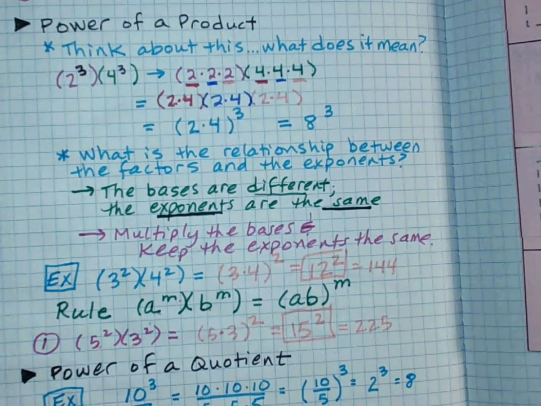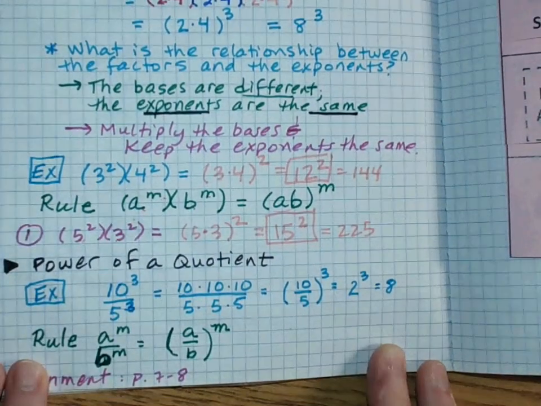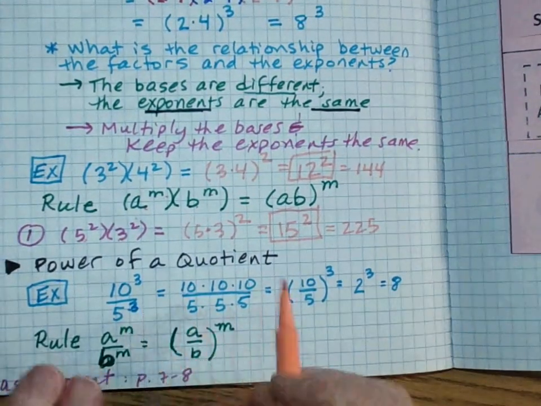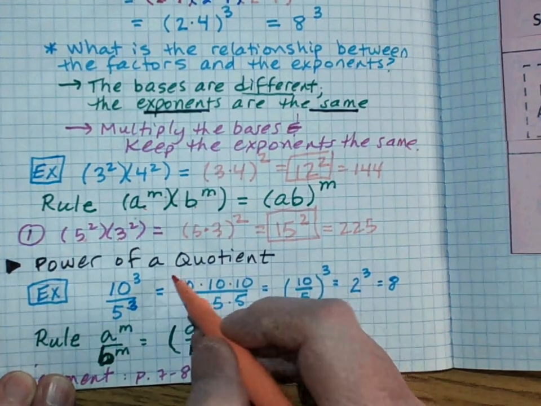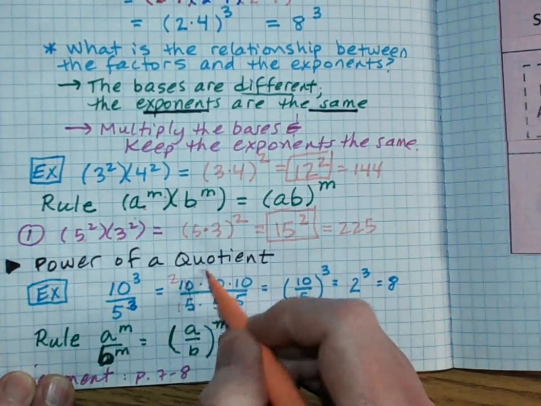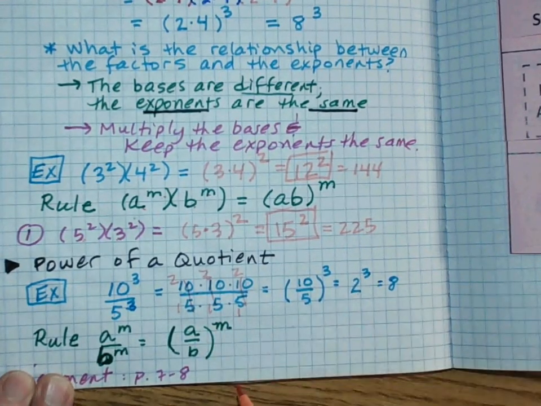It turns out the same thing works if you have a power of a quotient. 10 to the third power would be the same as 10 times 10 times 10. 5 to the third power is 5 times 5 times 5. I could just simplify each of these. This is the same as 2 over 1, 2 over 1, 2 over 1. So I end up getting 2 to the third power.